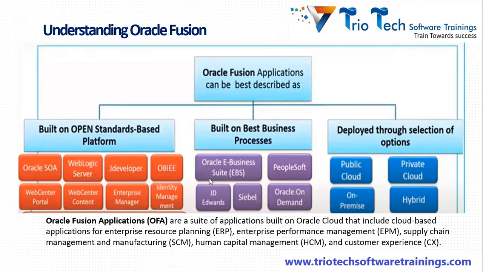Over the last decade, the cloud has come up, where everything is maintained on a server at one location, at the location of the provider of these ERP services. So it is all the cloud model right now. Over the years Oracle has built these on public cloud, private cloud, as well as on-premise. They have adopted all these deployment models and come up with Oracle Cloud Fusion as we see it today.